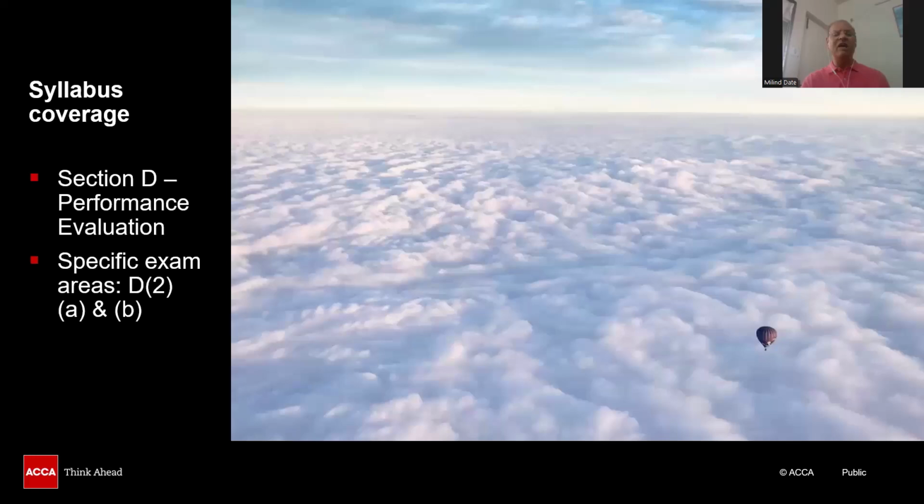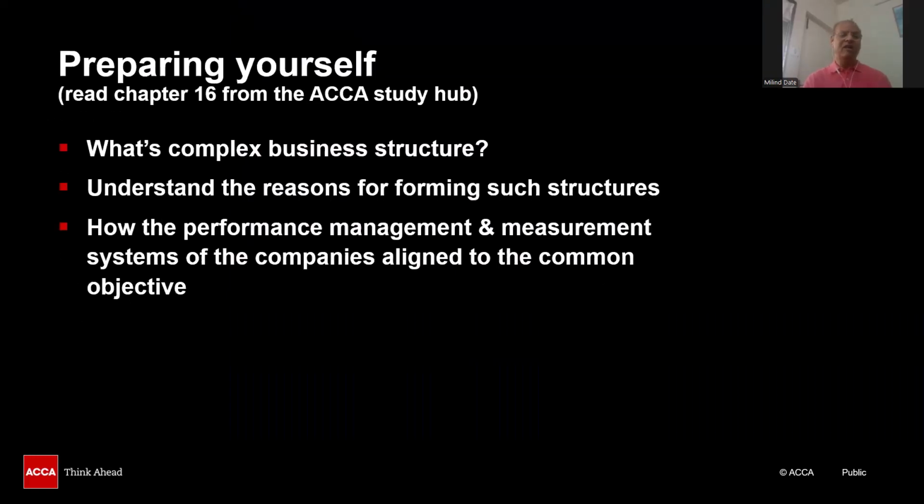So how do you prepare yourself? Well, you should go through chapter number 16 from ACCA Study Hub, which very well sets the context of your learning on this topic. It tells you what the complex business structure means, reasons for forming such different forms or different structures, and what could be certain issues that are related to performance management and measurement.